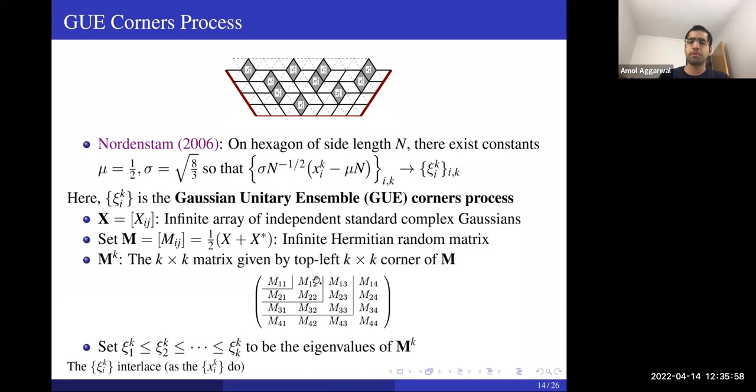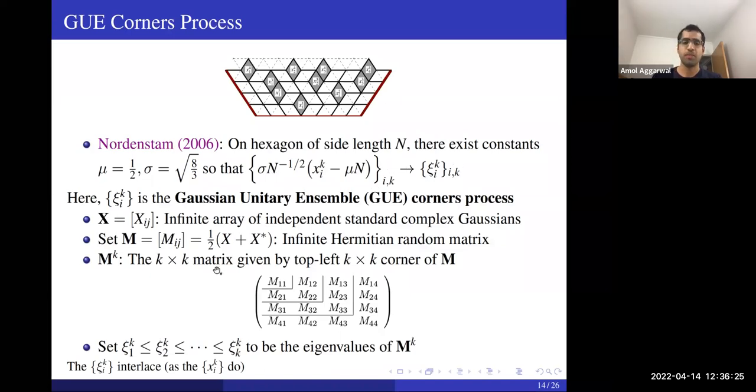We let M superscript k denote the k by k matrix obtained by cutting out the top left k by k corner. Then we let c1k, c2k, all the way to ckk denote the eigenvalues of this M^k. It is a standard fact from linear algebra that these c_ik interlace, just as the x_ik do. So it shouldn't be completely crazy to expect that you have this sort of convergence happening over here.